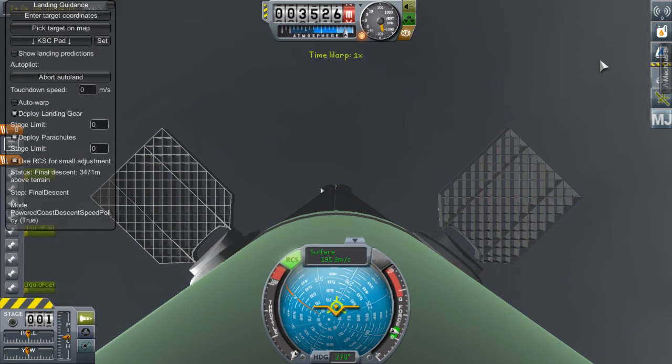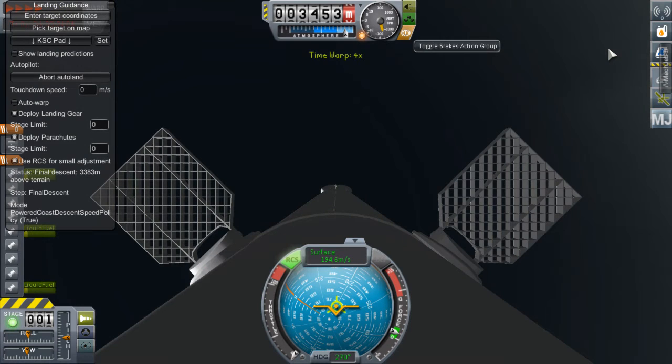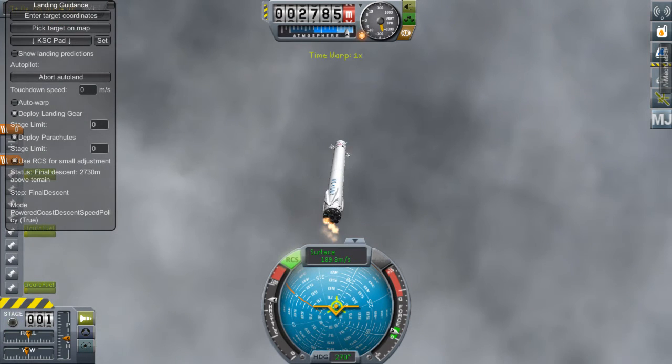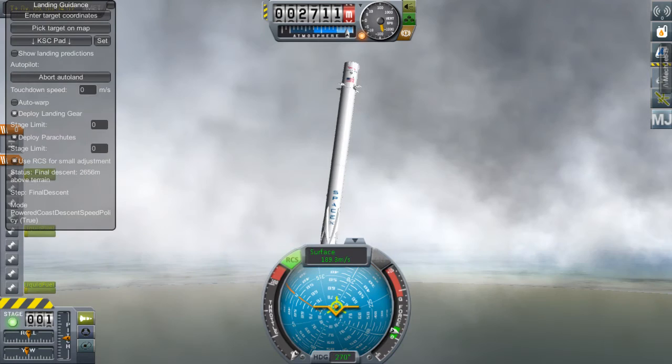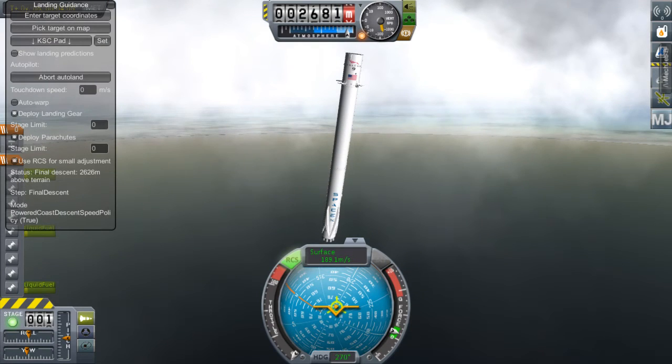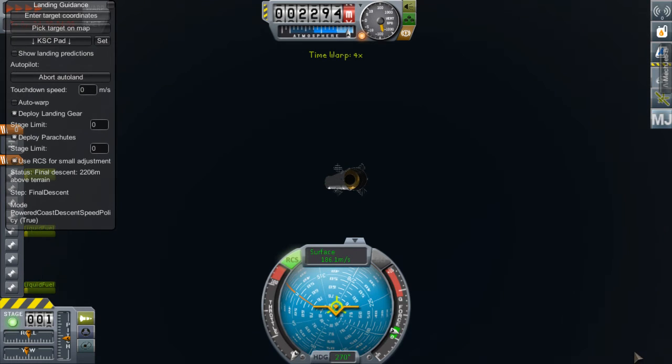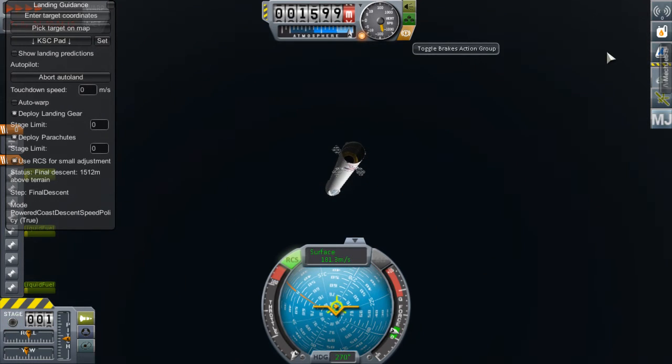Altitude 3.6K. First stage landing burn sequence is starting. Altitude of 1 kilometer.